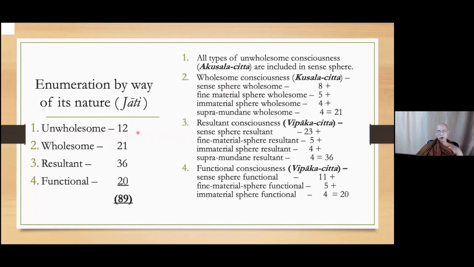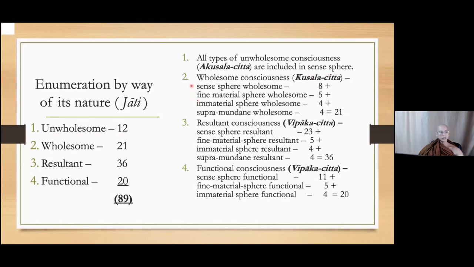Okay, all 12 types of unwholesome consciousness, we are trying to relate to two types: the classification related to the plane, and the classification related to its nature. According to its nature, it is named akusala, and all types of unwholesome akusala consciousness are sense sphere according to the plane of existence.